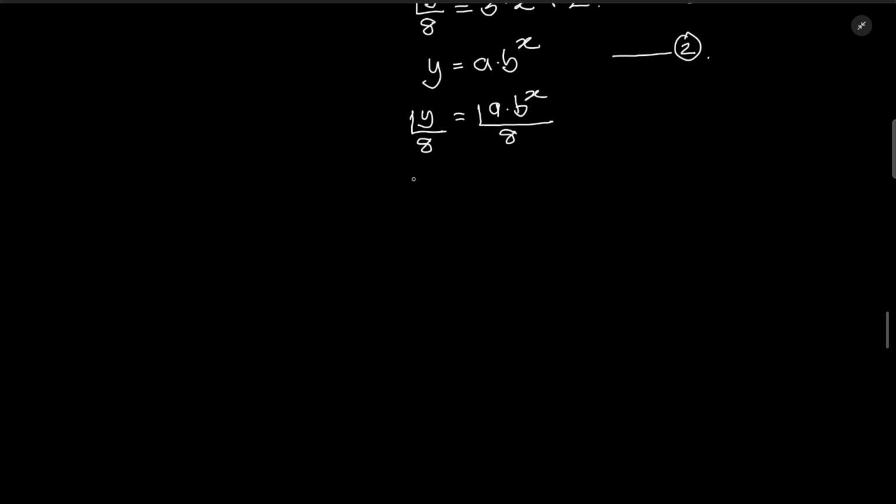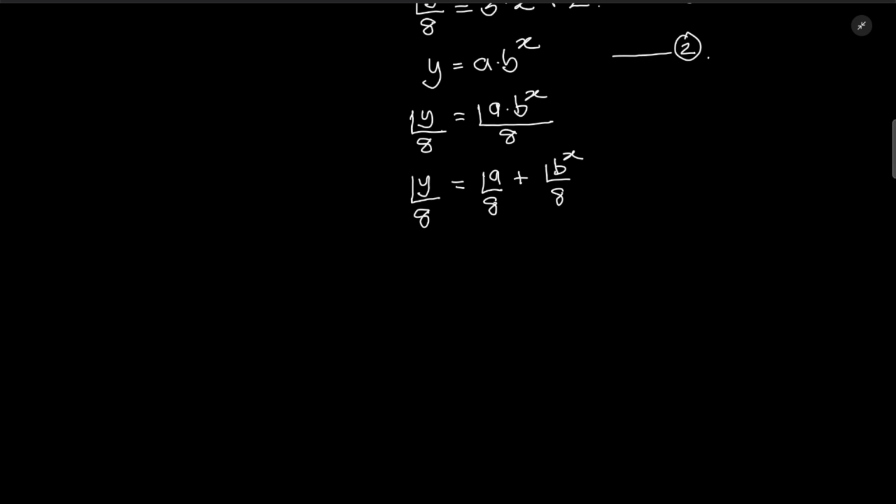So let's write that down. Log 8 of y equals, a product relationship here. We can split it out with adding logarithms. So we get log 8 of a plus log 8 of b power x.